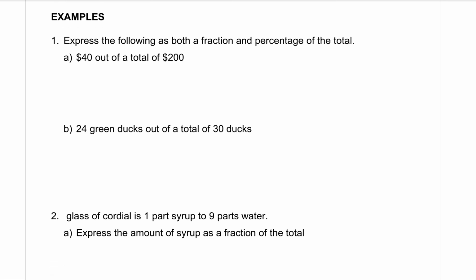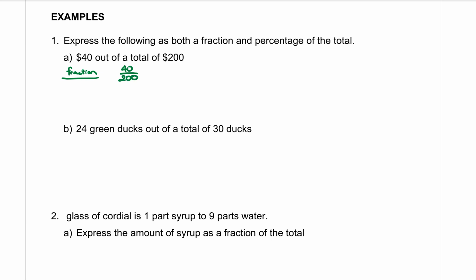Example number 1. Express the following as both a fraction and a percentage of the total. So for part A, we have $40 out of a total of $200. As a fraction, we have $40 out of a total, so that means we write it as a fraction, out of a total of 200.